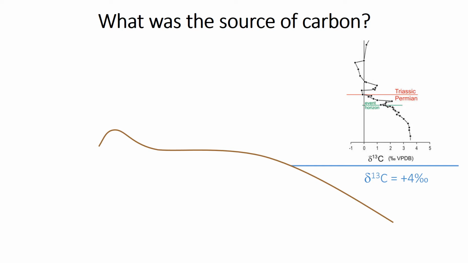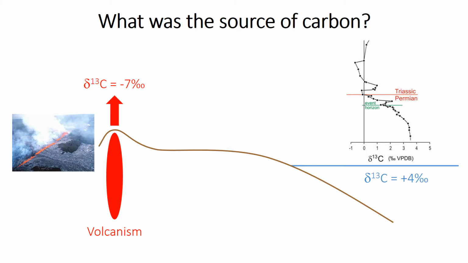So that could be accomplished by, for example, adding carbon from a source with a more negative value. If it's at +4 and you add some sort of negative carbon, then the values will go down. So perhaps carbon was added from volcanoes. Volcanic carbon has a value of around -7, so that could do the job.